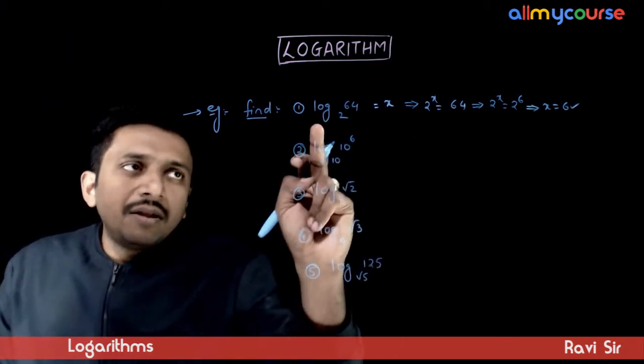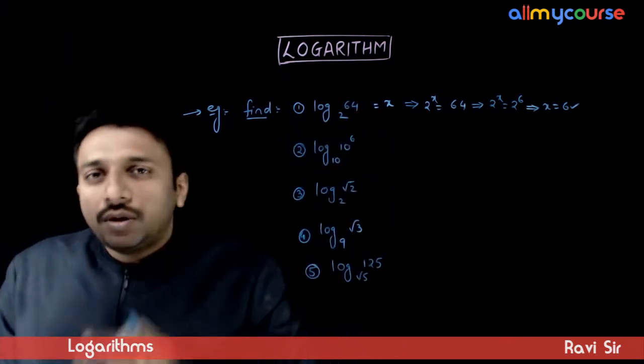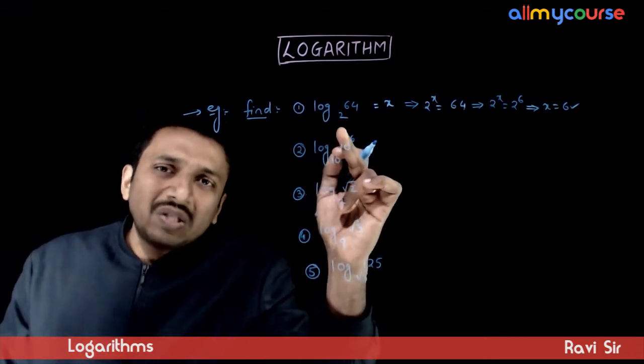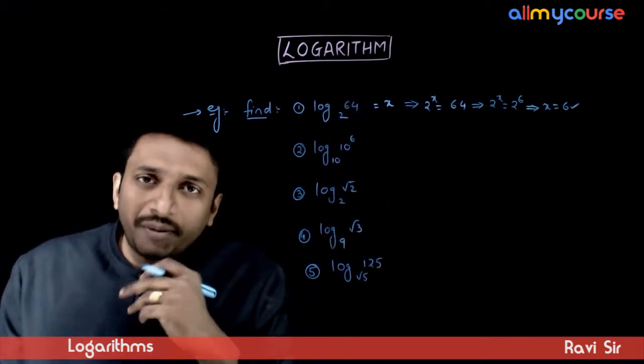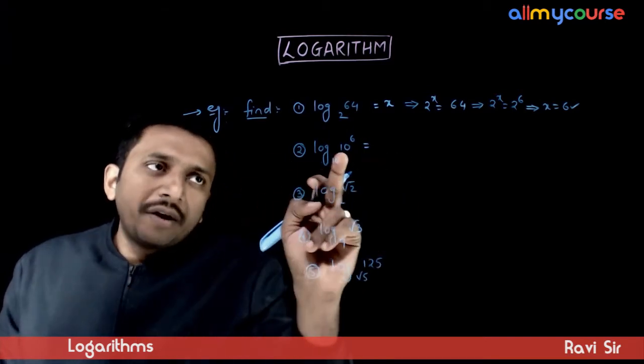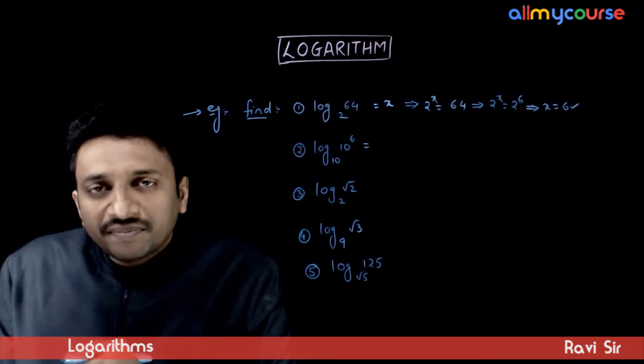That means the value of log 64 to the base 2 is equal to 6. And this is very clear initially also. 2 has to be raised to the power 6 to get 64. We know that.